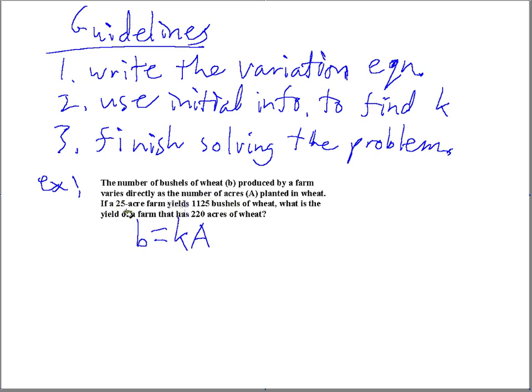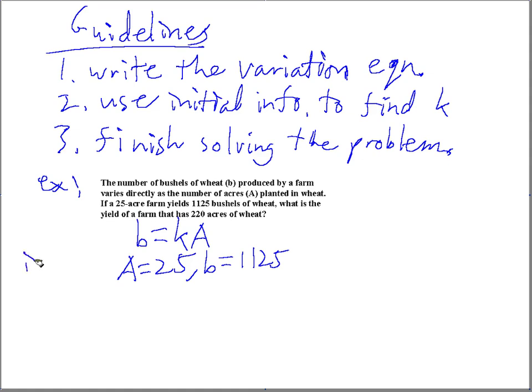If a 25-acre farm yields 1,125 bushels of wheat, let's use that initial information to find k. We're told 25-acre farm, so A is equal to 25. It yields 1,125 bushels of wheat, that's my B. So initially B is 1125 and A is 25.